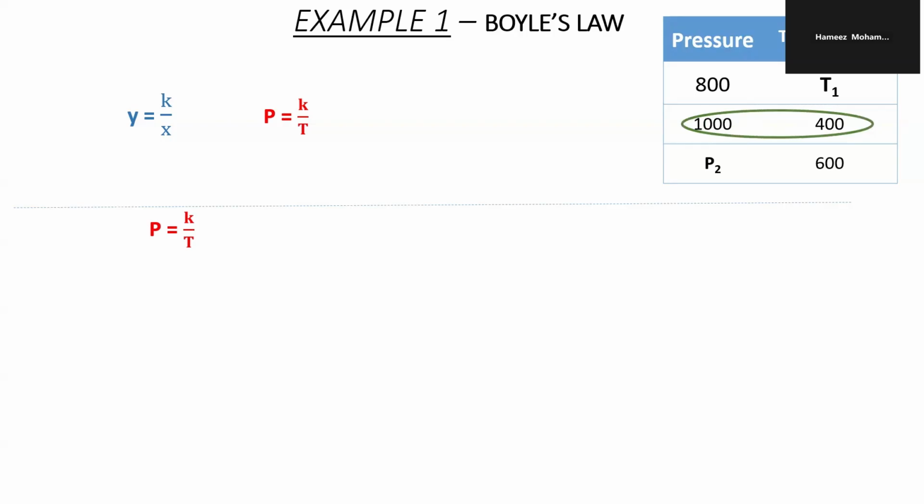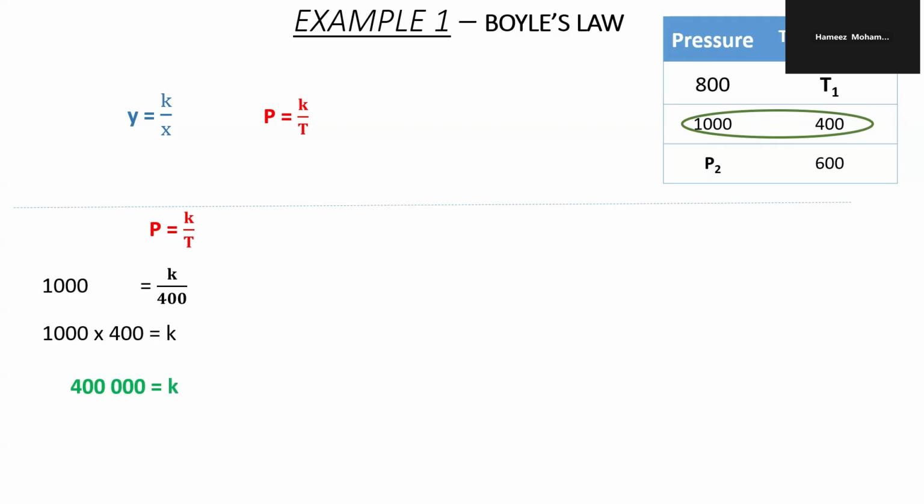Because that's what we're looking at specifically to help us get our K first, and then we could go solve the others. Because if we tried working on one of the other lines, we'd have 2 unknowns. So we have pressure is equal to K over T, 1,000 equals K over 400. So 1,000 times 400 is equal to K. Therefore, K is equal to 400,000.